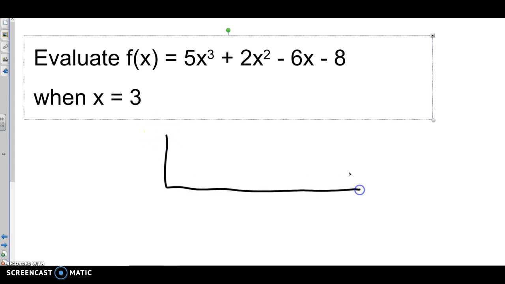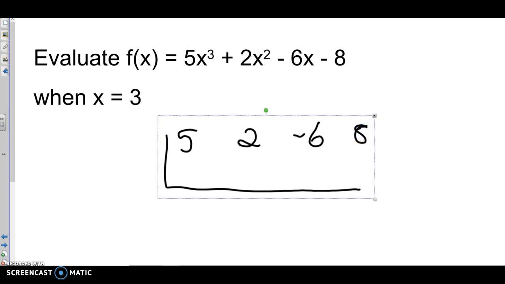Again, I start with my box and my coefficients. 5x cubed, 2x squared, negative 6x, and 8. I want to evaluate it for when x equals 3. I'm going to bring down the 5. I'm going to multiply 5 times 3. That gets me 15. And then I'm going to add. Then I'm going to multiply 17 times 3, which is 51.